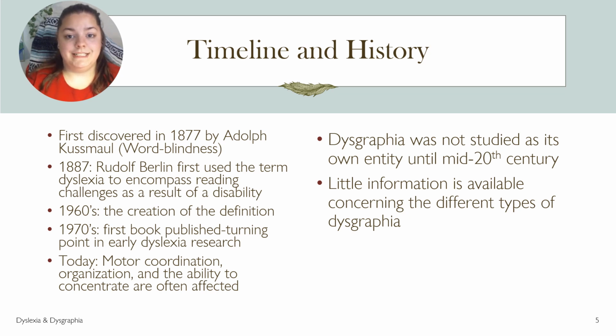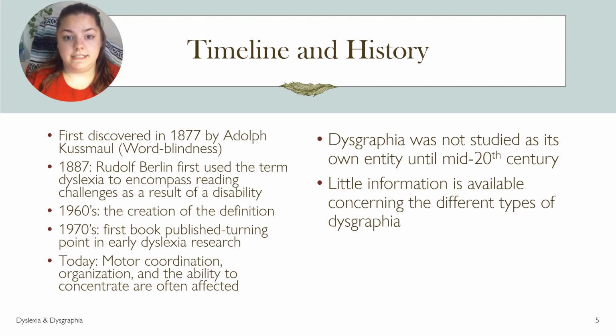In April of 1968, the first meeting of the World Federation of Neurology's Research Group on Developmental Dyslexia and Word Illiteracy took place at a hospital in Dallas, Texas, in which the first consensus of the definition of dyslexia became what we call it today.